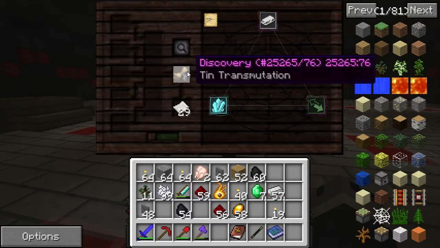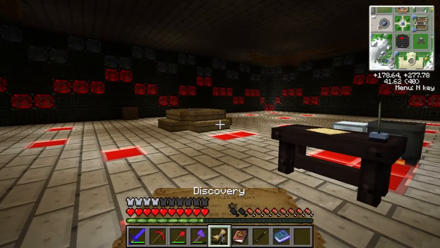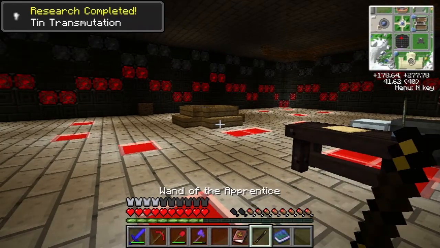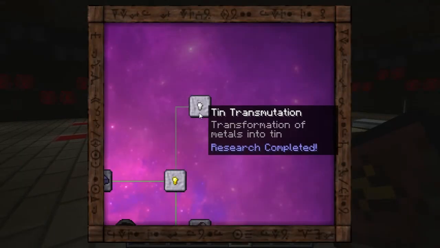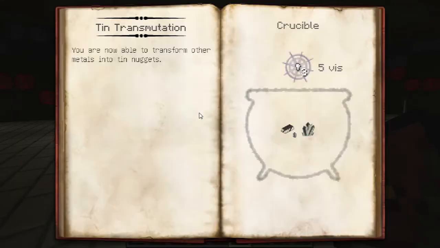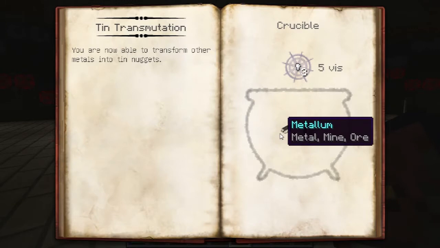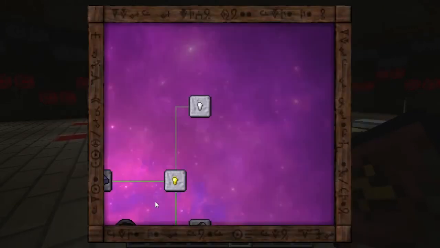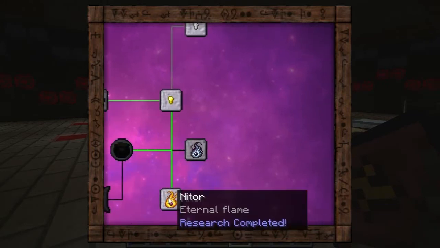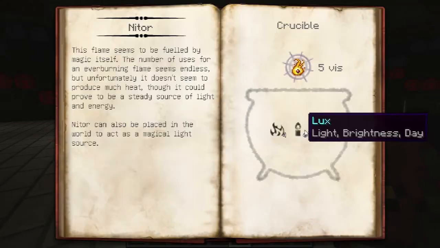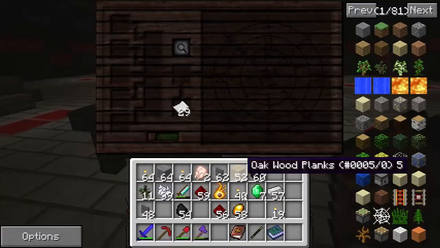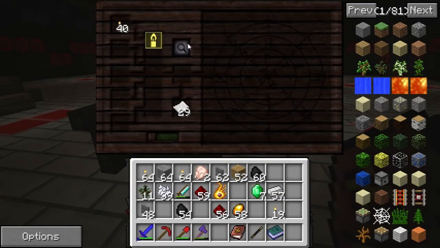10 transmutation? What? Why would I want this? Okay, so this had Lux and Potentia, so maybe this other one also has Lux?